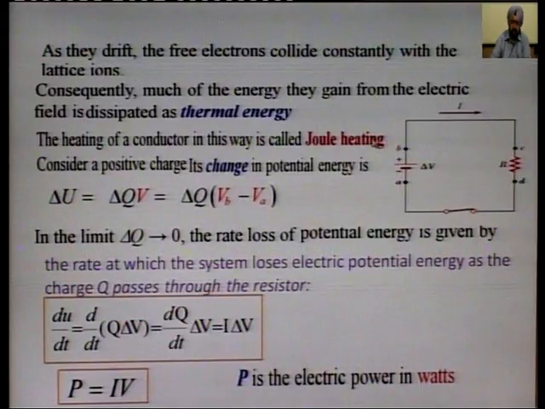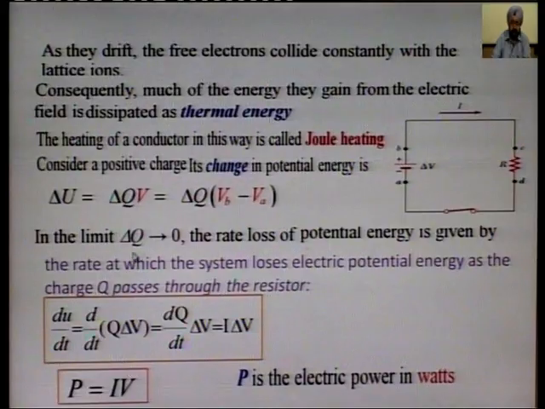If you consider a positive charge, let us see what will be the change in potential energy. Potential energy will be equal to charge into potential difference. The battery is applied across the resistor, there are two ends A and B. If potential at B is VB, potential at A is VA, potential difference is VB minus VA multiplied by the charge.